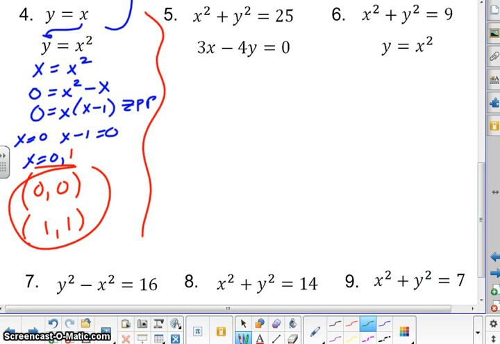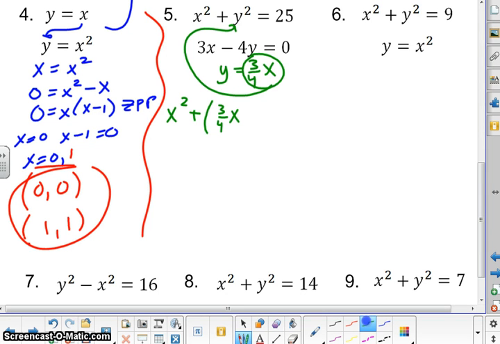First of all, go back to what you had before, because y equaled 3/4 x. So we might as well use that. Take that and plug it in right here for y. So you have x squared plus 3/4 x squared equals 25. And if you square this, it would be 9/16 x squared.